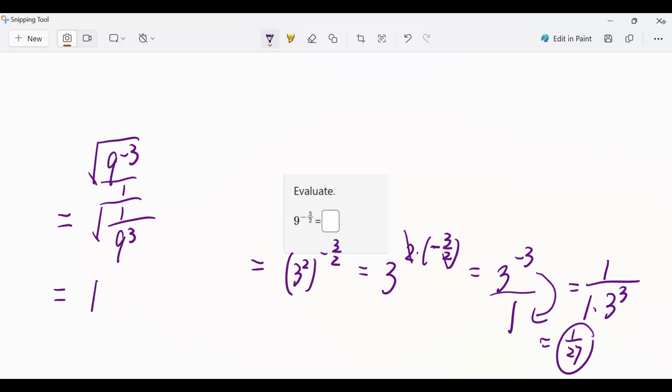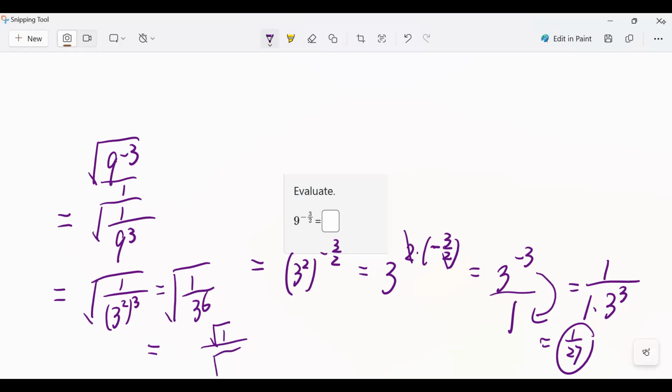Now 9 is 3 squared. So this is 3 squared to the 3rd power. So this becomes 1 over 3 to the 6th. And you're going to split it as the square root of 1 and the square root of 3 to the 6th. And the square root of 1 is 1. So 3 to the 6 will be 3 to the 6 divided by 2, so 3 cubed. 1 over 3 cubed. That's 1 over 27.